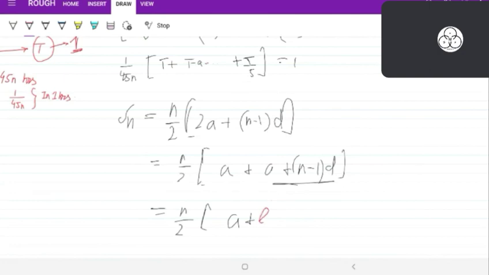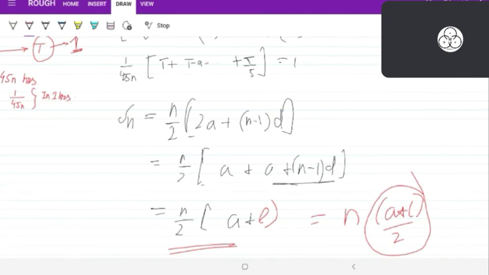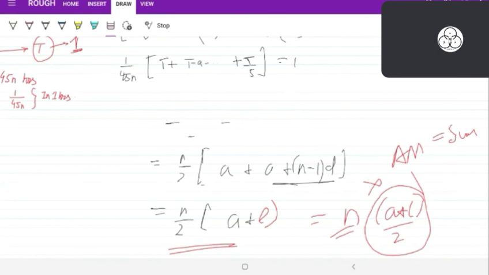This is also the sum of AP. And this is again n into a plus l by 2, which is the arithmetic mean. So n into the arithmetic mean gives us the sum. We have just applied this in one question.